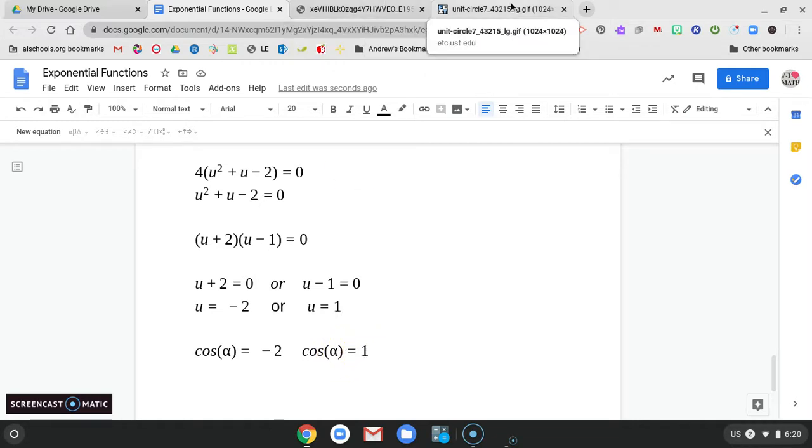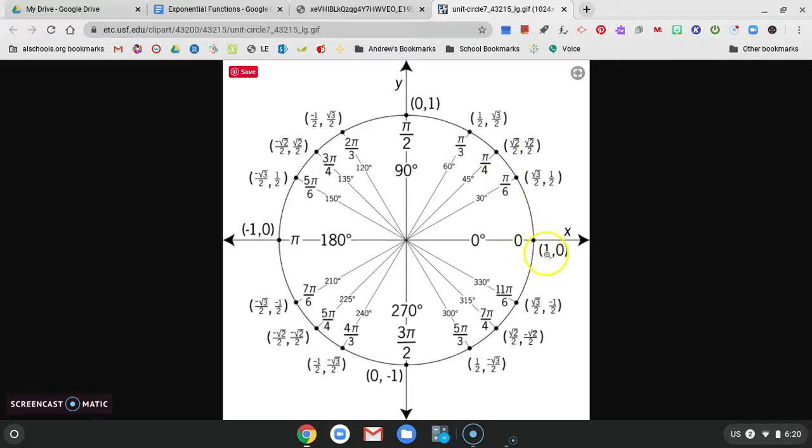If we go back to that unit circle, cosine is represented with the x here. We never get to negative 2. We get to negative 1 and back up to 1 and back down to negative 1. It oscillates, if you remember the graph, between 1 and negative 1. The only way to change that is to have a scale factor in front of cosine.